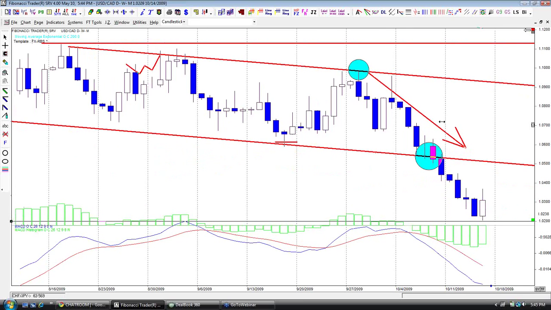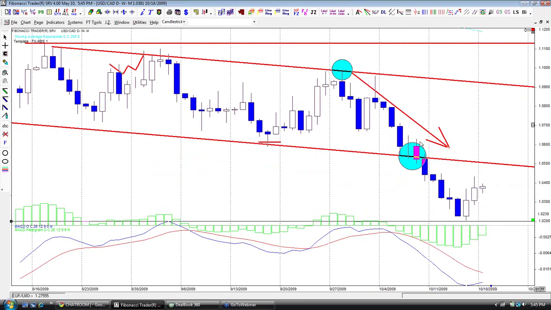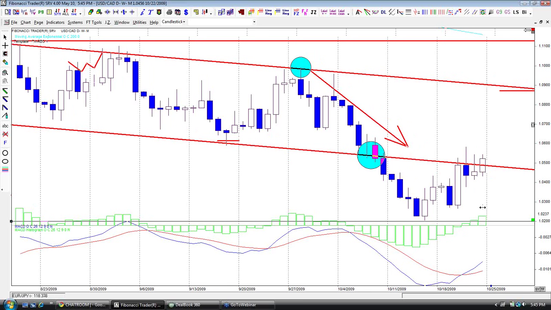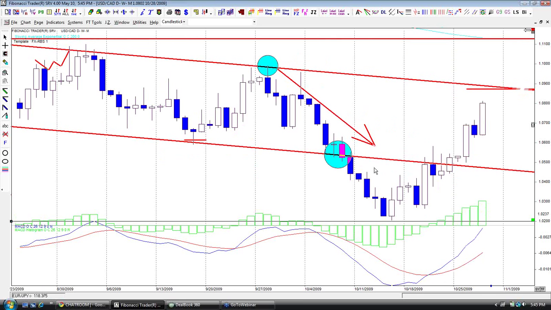Now, here we can see that actually we had a breakout below the channel. Of course, we can start trading below, but once we get stopped out, we'll know, okay, price may be coming inside the channel. Once price is inside the channel, we know that we can trade it all the way up to the top side.